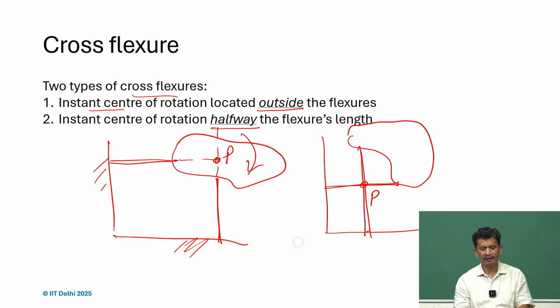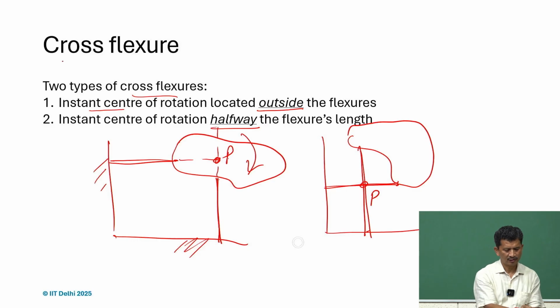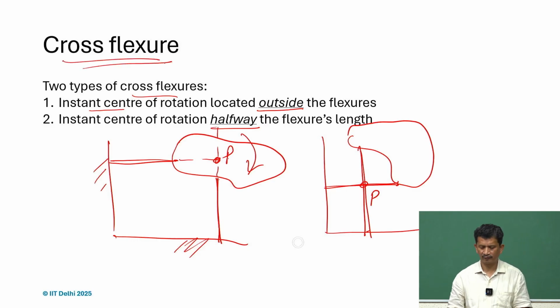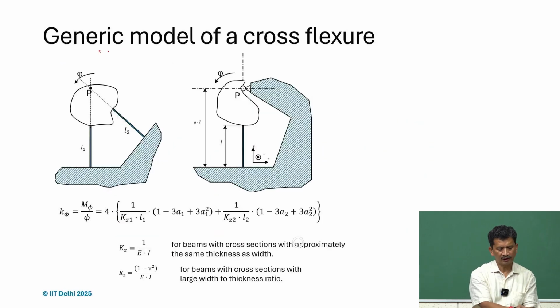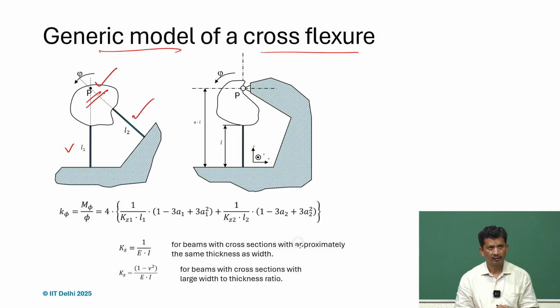So we can create any kind of hinge using two of these sheet flexures, and that's why many times it's referred to as a cross flexure in the literature. So yes, we can have a very generic model with L1 and L2 intersecting at P, and this will be the instantaneous center of rotation.